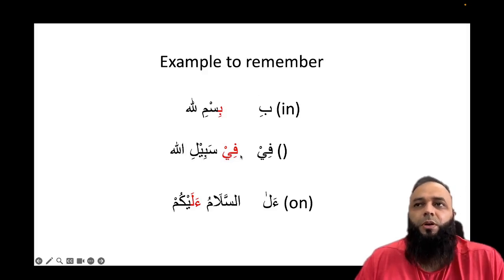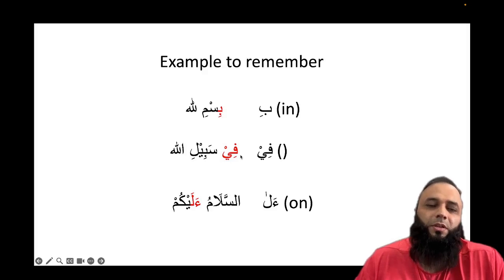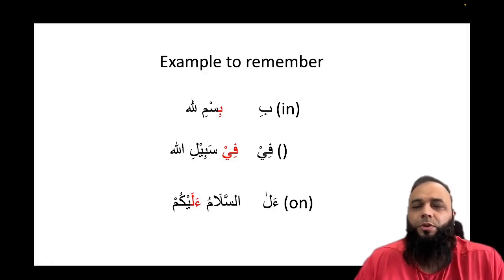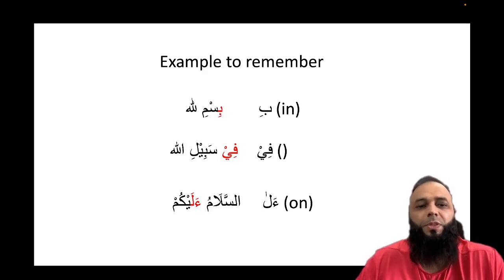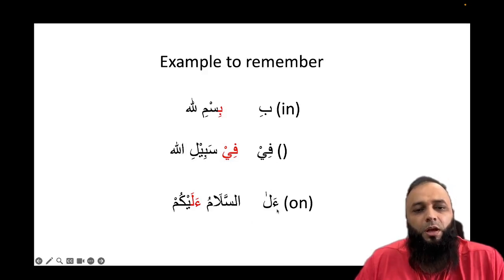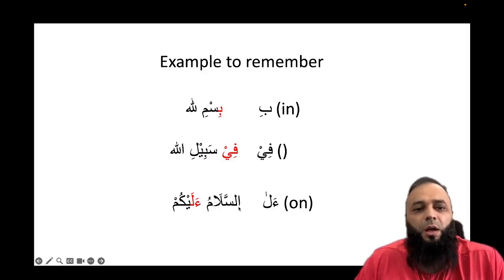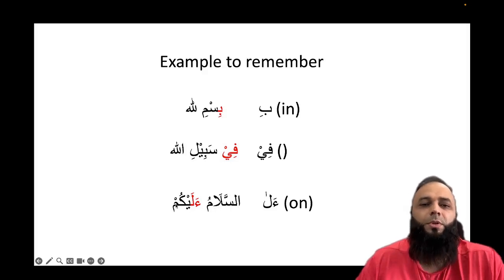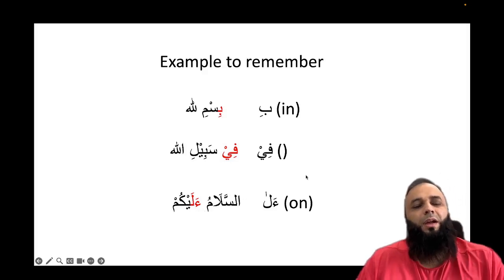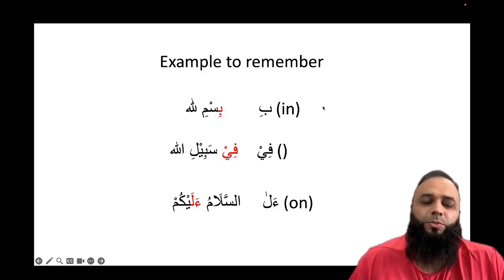So sometimes when you do charity or somebody is asking you for charity, we say fi sabilillah, in the way of Allah. And then you have ala. So assalamu alaikum. That's the example that I just gave you, peace be on you all, right? So alaikum. So just remember that, and then hopefully this should be much clearer.